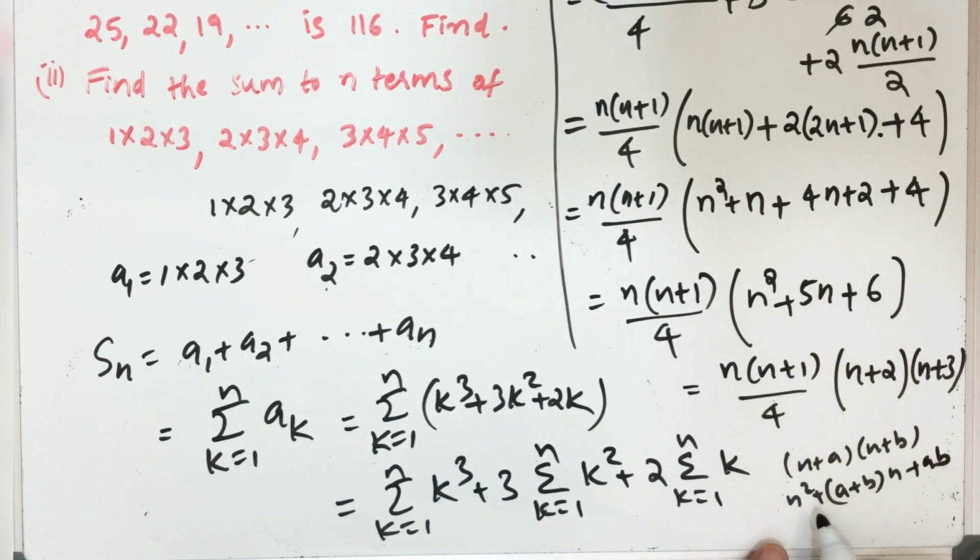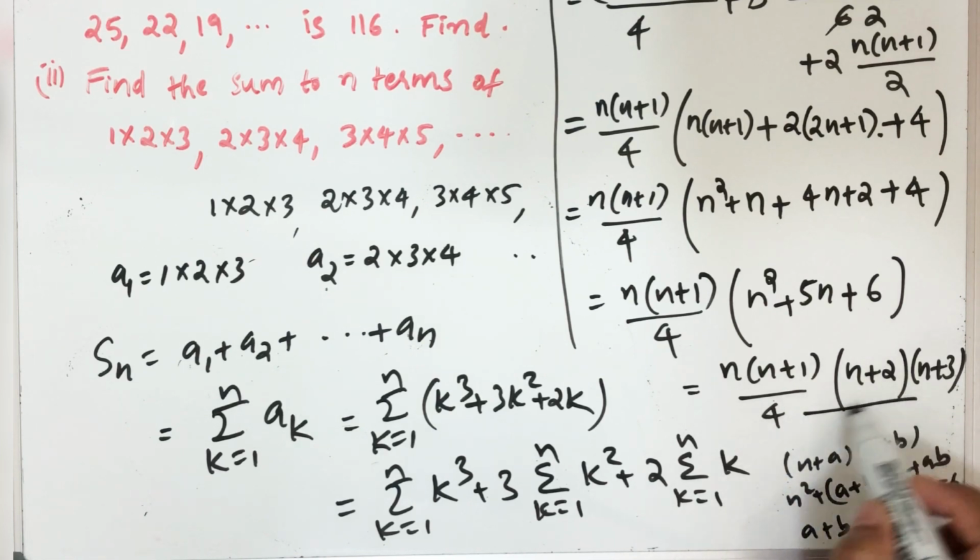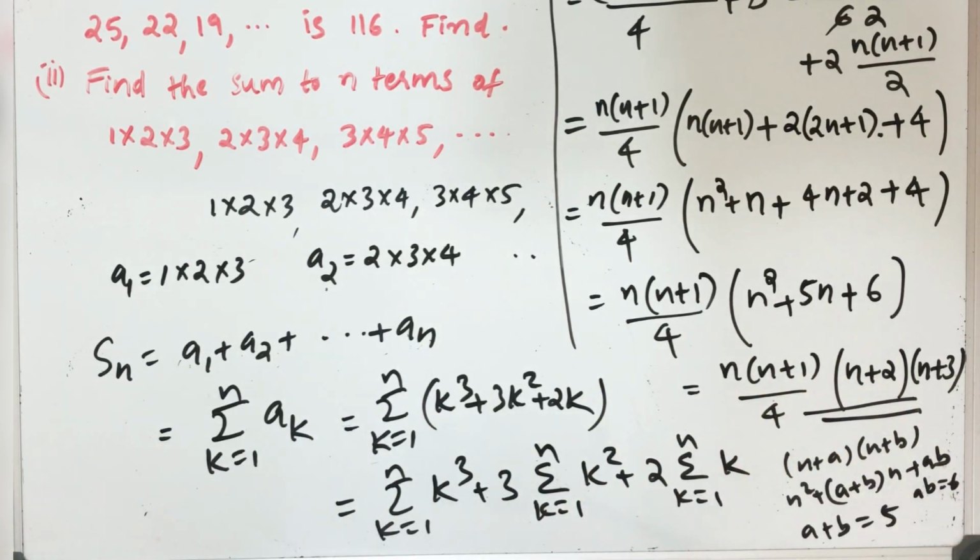Here, equating, we get a plus b equal to 5, the coefficient of n, and a into b is equal to 6. That is, the product of two numbers is 6 and the sum of the two numbers is 5. Then the two numbers are 2 and 3. 2 plus 3 is 5 and 2 into 3 is 6. Like that we can write. So the answer is n into (n plus 1) into (n plus 2) into (n plus 3) divided by 4.